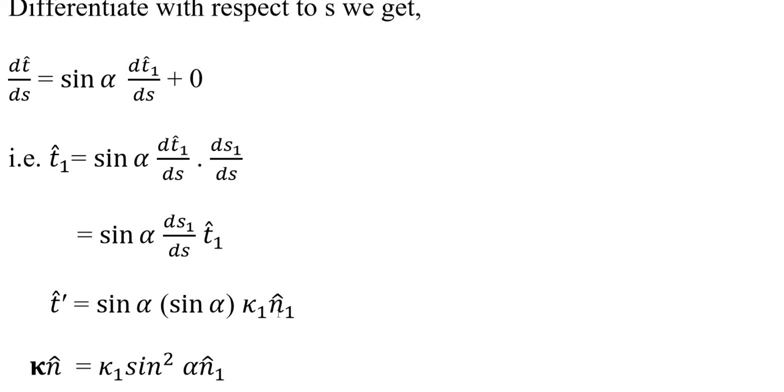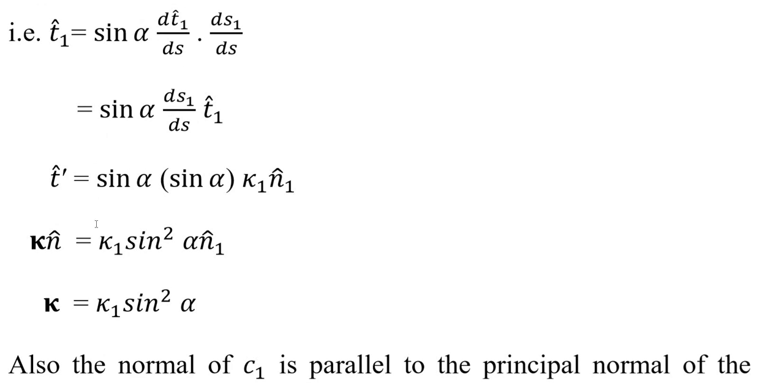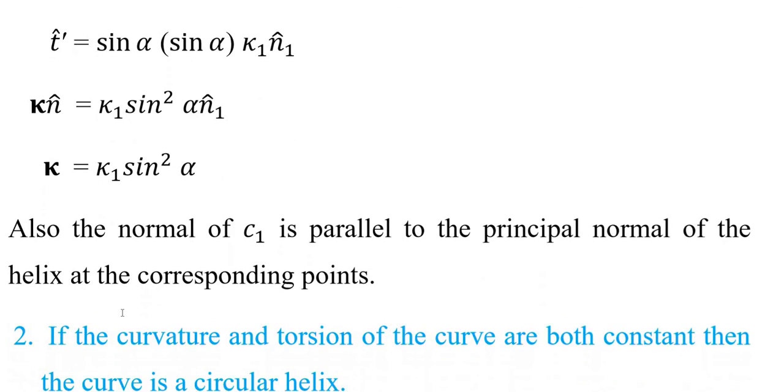Therefore sin alpha into kappa 1 into the t1 dash, we write kappa 1 n1. That is, by the Serret-Frenet formula we write kappa n. So kappa n cap equal to kappa 1 sin square alpha into n. So kappa equal to kappa 1 into sin square alpha. Also the normal of C1 is parallel to the principal normal of the helix at the corresponding point. So that is the proof for this problem.